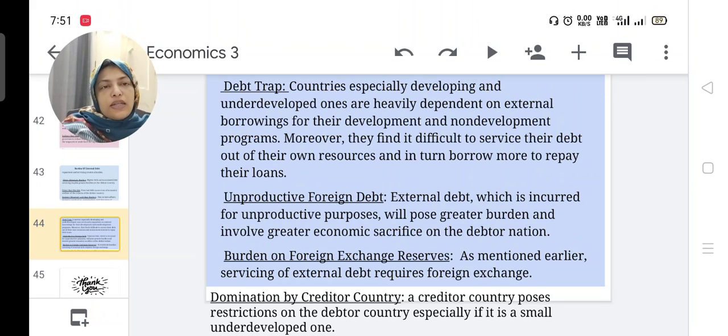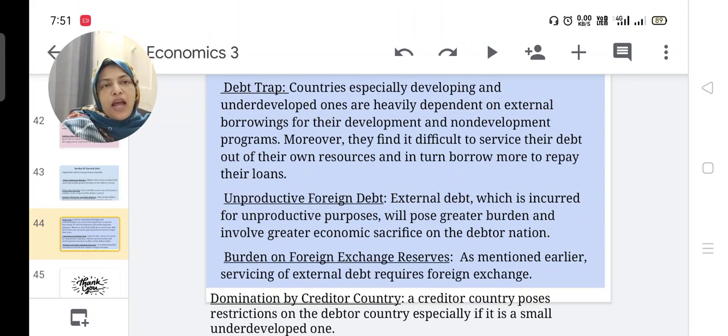Then debt trap. Countries, especially developing and undeveloped ones, are heavily dependent on external borrowings for their developmental and non-developmental programs.